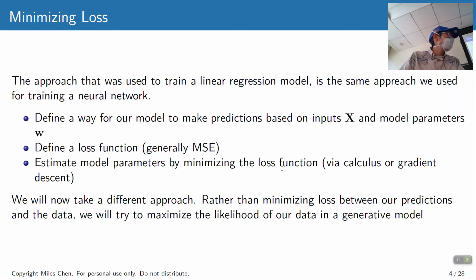Does anyone want to tell me the difference between probability and likelihood? Probability versus likelihood.